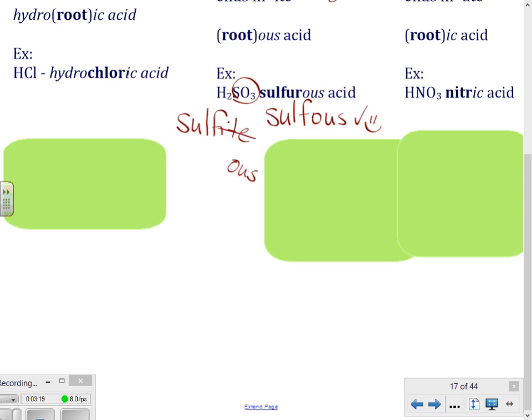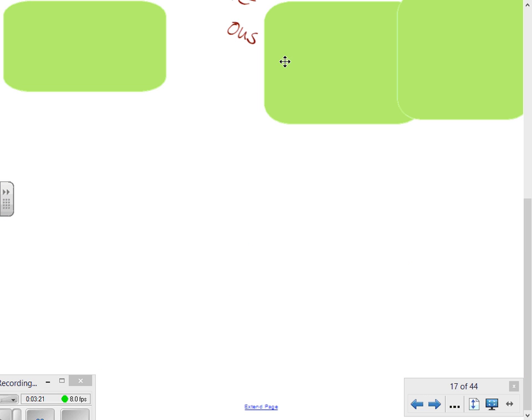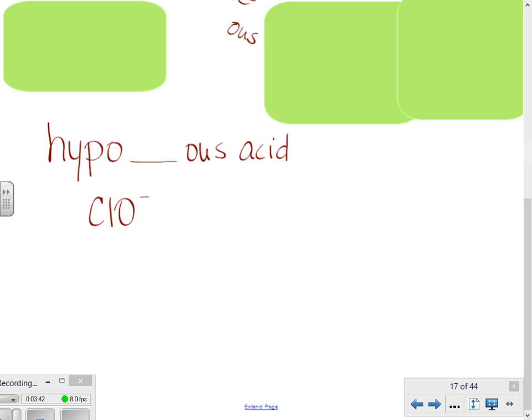Now there's two more that we worry about. We have hypo plus acid. And that's when we have our anions, and there's only a few of them on here, like ClO negative. ClO negative is hypochlorite.